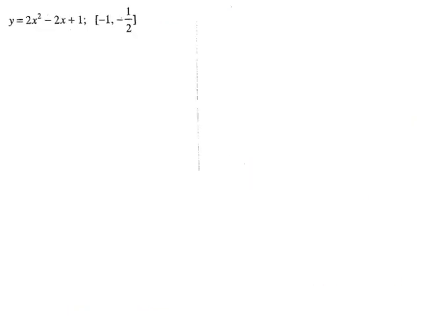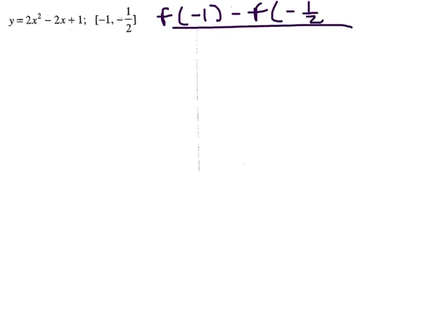Our next problem, again, is going to be f of negative 1 minus f of negative 1/2 all over negative 1 minus negative 1/2. Again, when we work that out, I'm going to break it up into my numerator and my denominator.